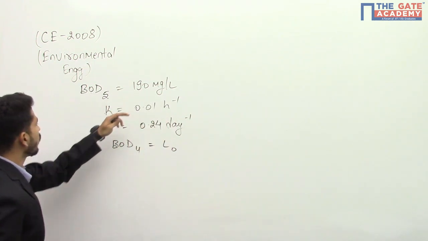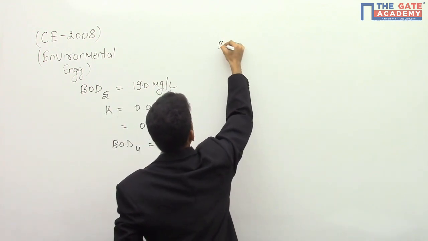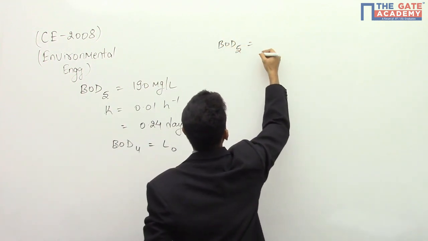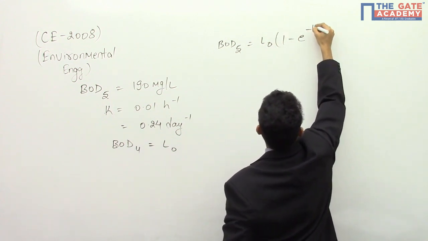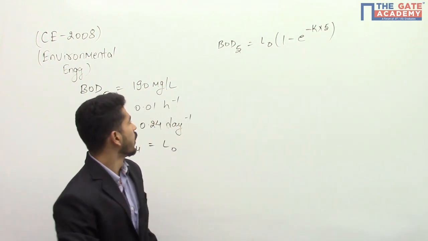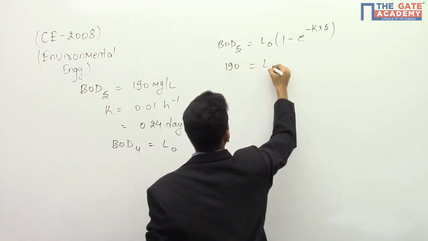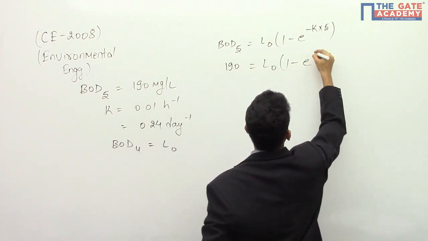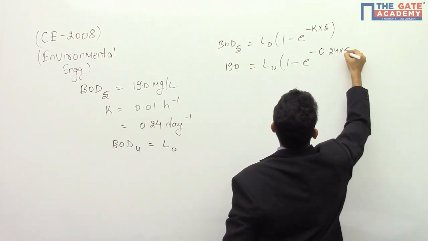He says BOD 5 is this much, K is this much. We know that BOD 5 is equal to L0 into 1 minus e to the power minus K into 5. Since time is 5 days, substitute BOD 5 equal to 190 milligrams per liter equal to L0 into 1 minus e to the power minus 0.24 into 5.